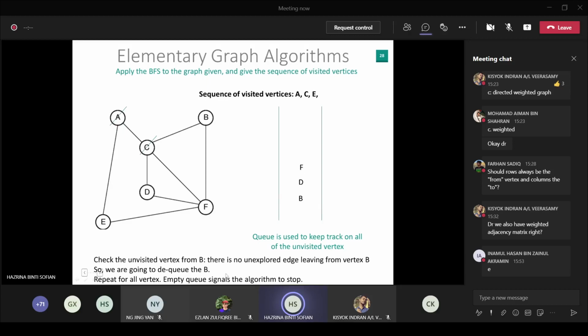So we can just dequeue the B. Next, we check the D, since D has no unvisited neighbors, we dequeue D, and lastly we dequeue the F.